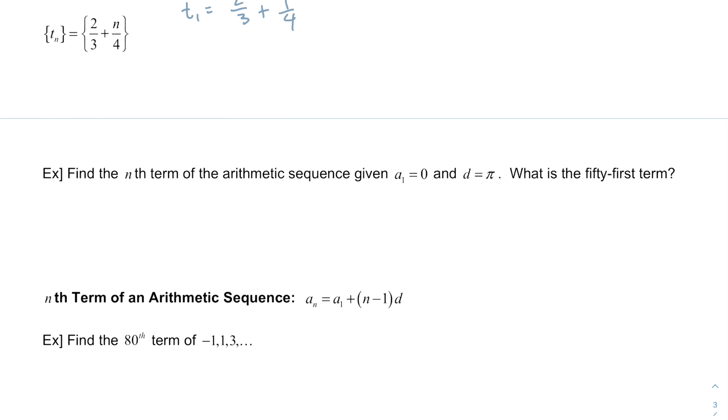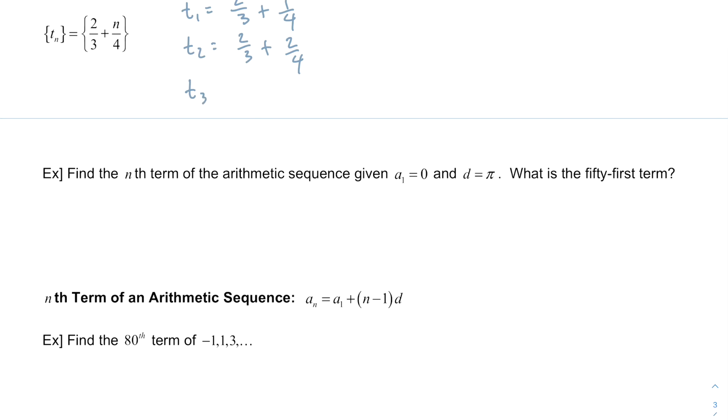Normally I would find a common denominator and add those together, but for this example I think it might be easier to see the common difference if we leave it like that. So t sub 2 will be 2/3 plus 2/4, which I'm not going to reduce because I'm looking for this common difference.